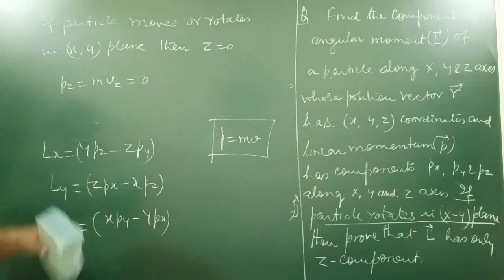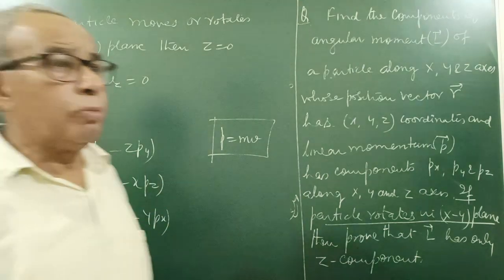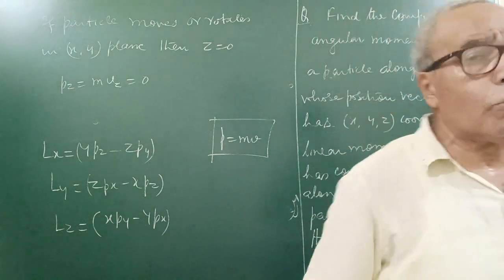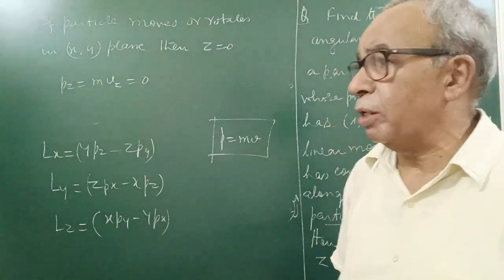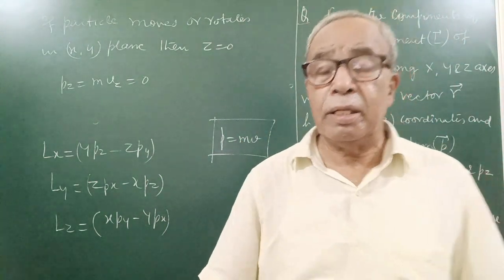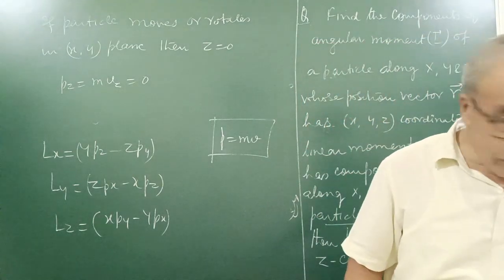If a body is moving in the xy plane, it has velocity components along the x and y axes, not along the z axis. Then the z component is 0.